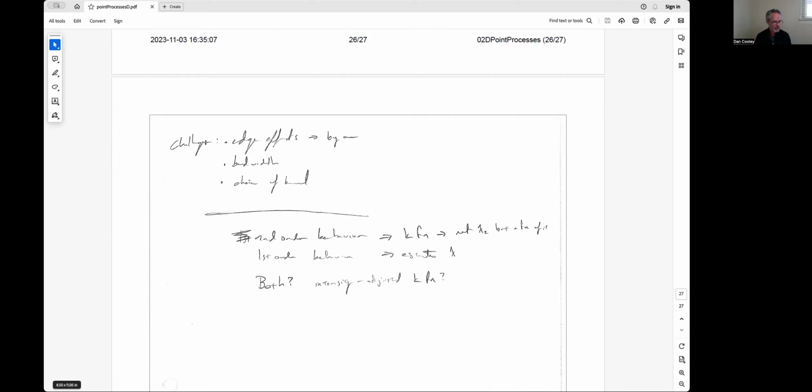So let me just show this really quick. We're going to use a prepackaged tool in the spatstat library, but it really just is that same thing. What I've got is I'm using the density command.